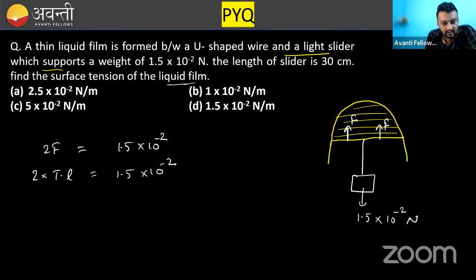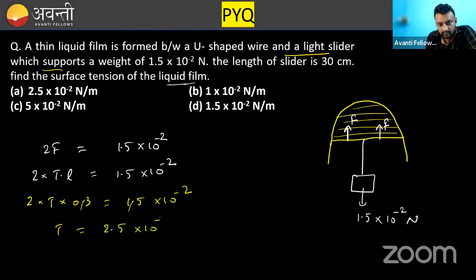Surface tension is asked, length is 0.3 meter. This will be 2 times 0.3 is 0.6, so 15 by 6 means 2.5 into 10 raised to the power minus 2 Newton per meter.